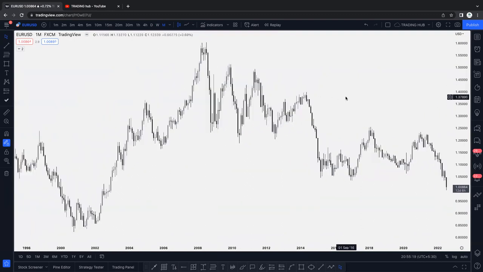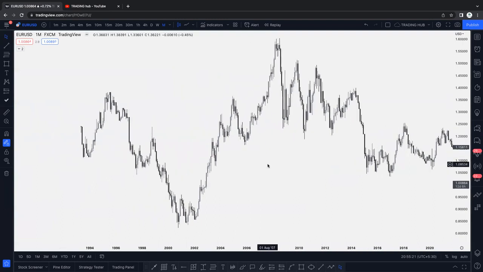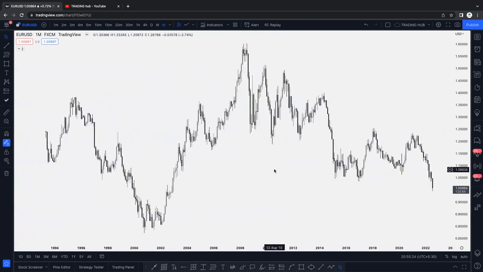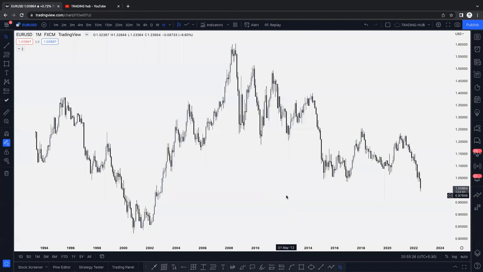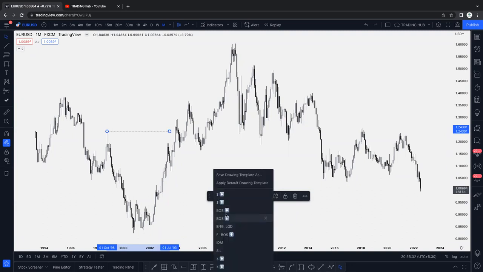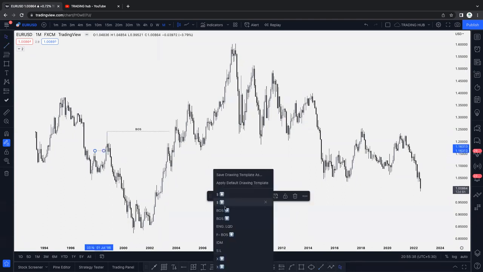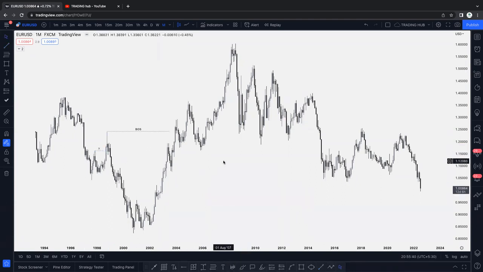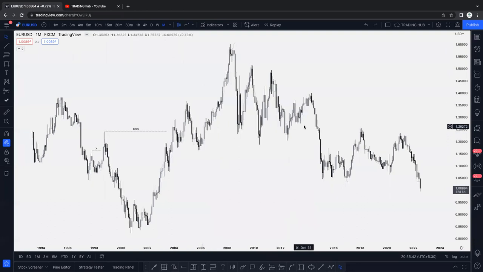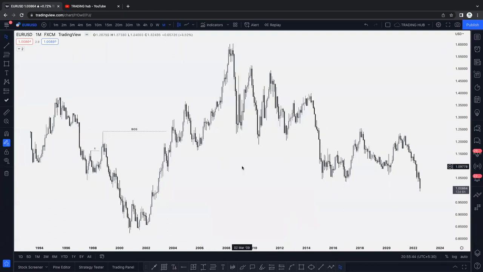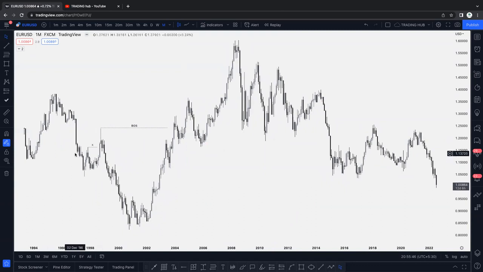Okay, so basically you can see once the market broke this structure, which is here, this was our actual break of structure, because the market took out the previous high which is here. I'm talking about the monthly perspective. This is a monthly chart. One single candle is a monthly candle. So this is our measure high or low.